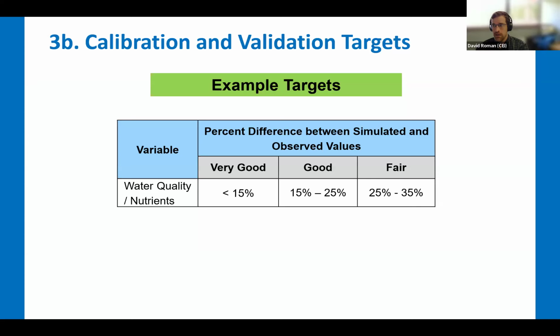This can vary depending on the project. Some targets might be much more strict than that, especially if you have a lot of data. If you have years and years of water quality data, I would be much more strict with these targets, and I would say that you want to get within 5% to have a very good calibration.